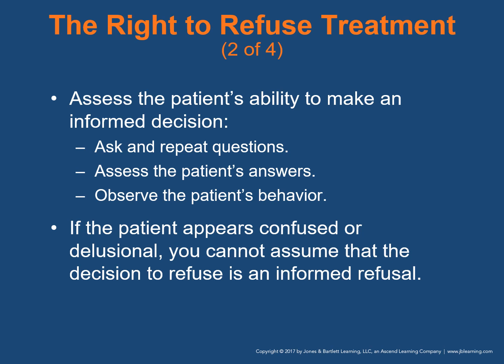When treatment is refused, you must assess the patient's ability to make an informed decision. So ask and repeat questions. Assess the patient's answers. Observe the patient's behavior. If the patient appears confused or delusional, you cannot assume that the decision to refuse is an informed refusal.